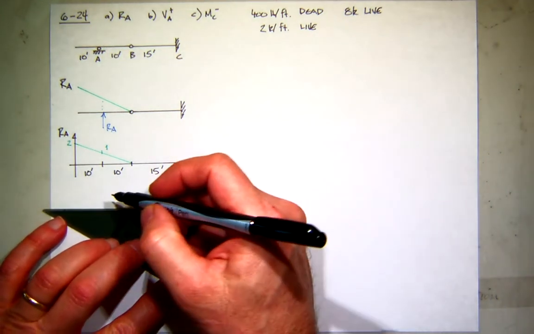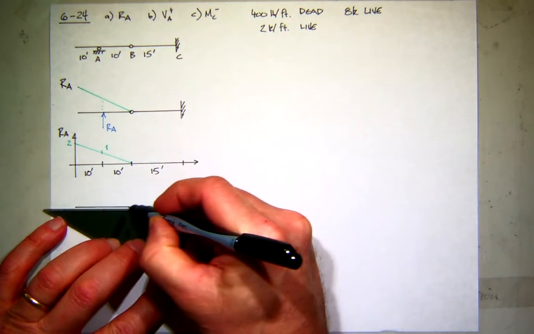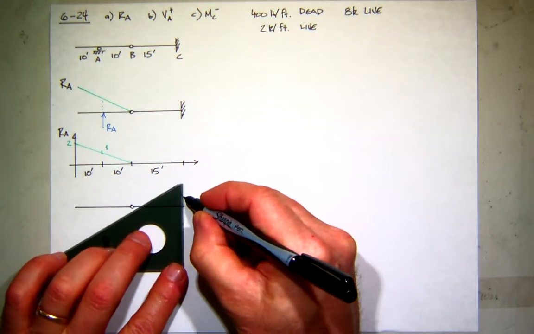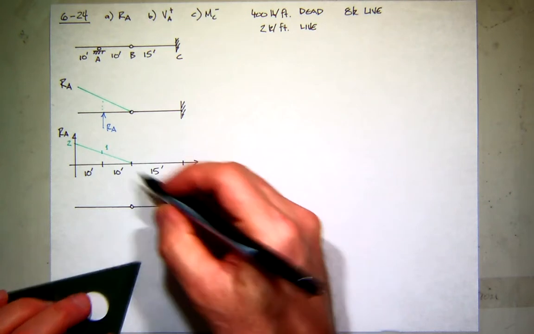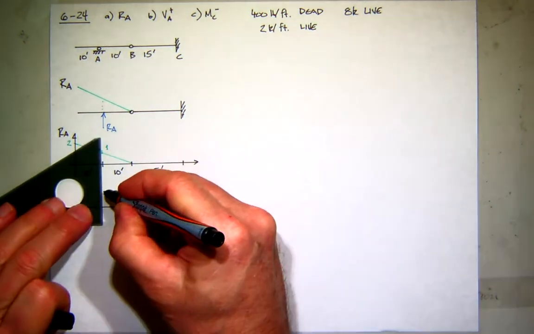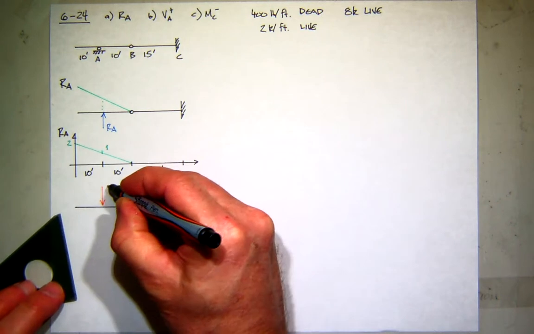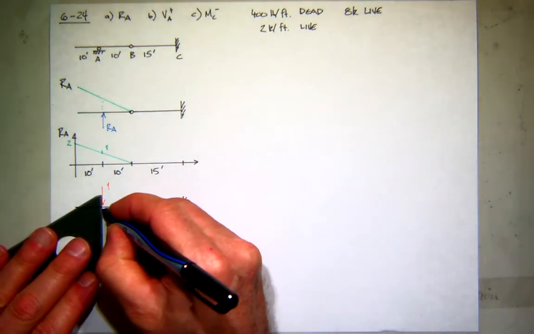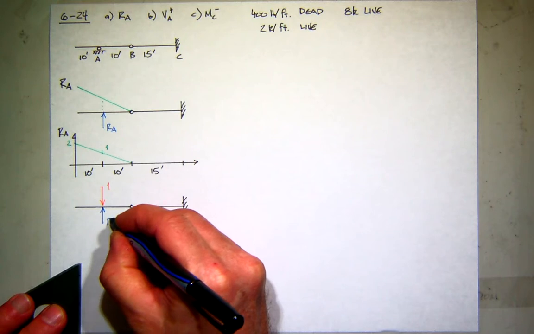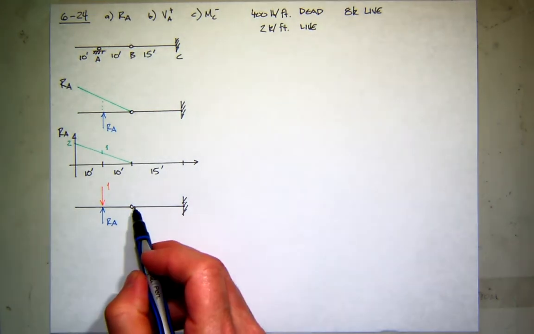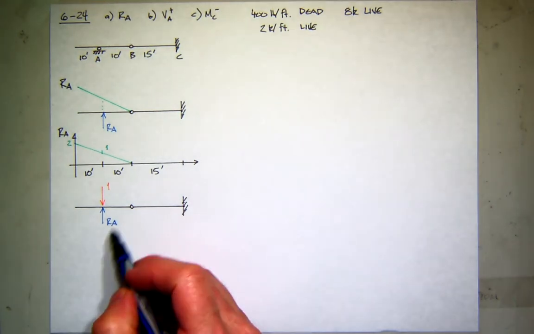So if I redraw the problem, why do I know it's 1 there? Well, that means it's 1 there because when my unit load is there, what is the reaction at A? Well, you can see if you sum moments about this pin, they're equal.